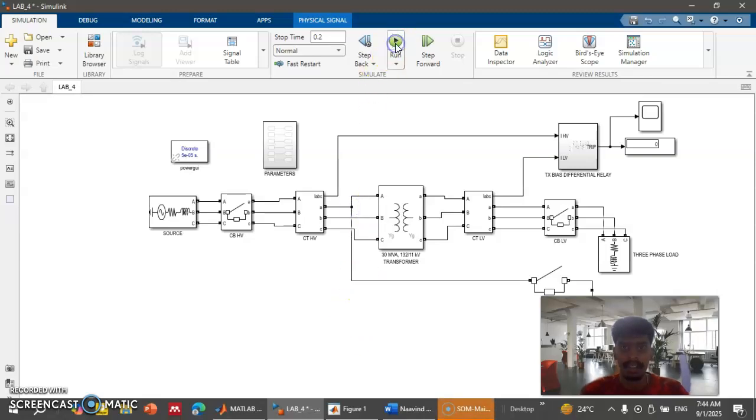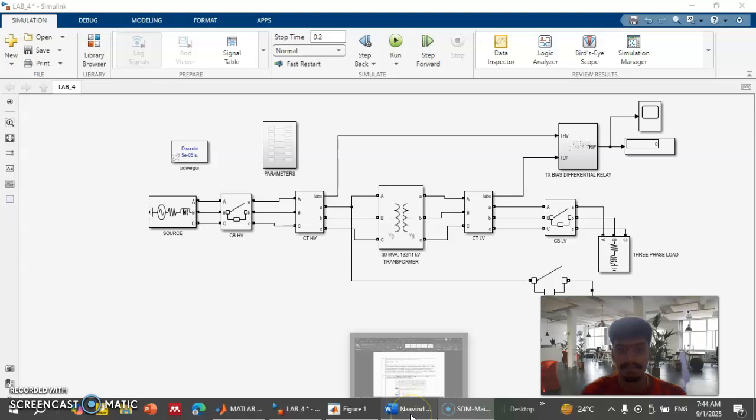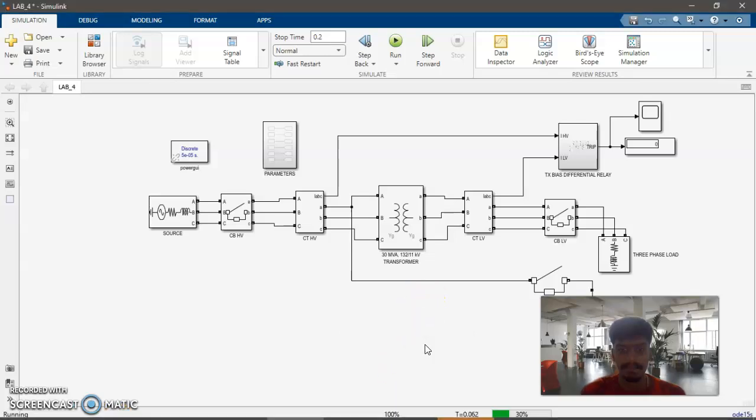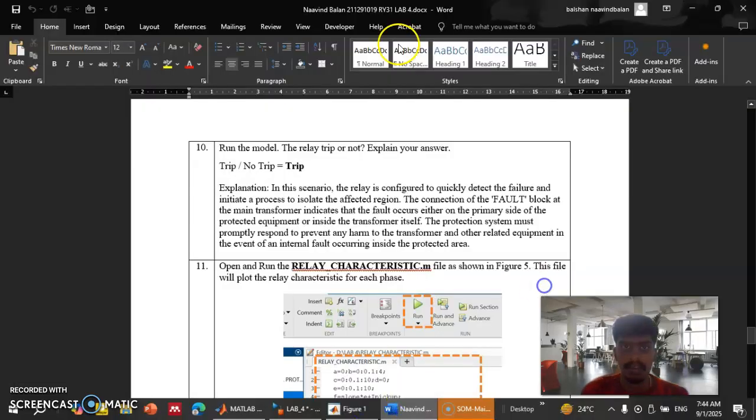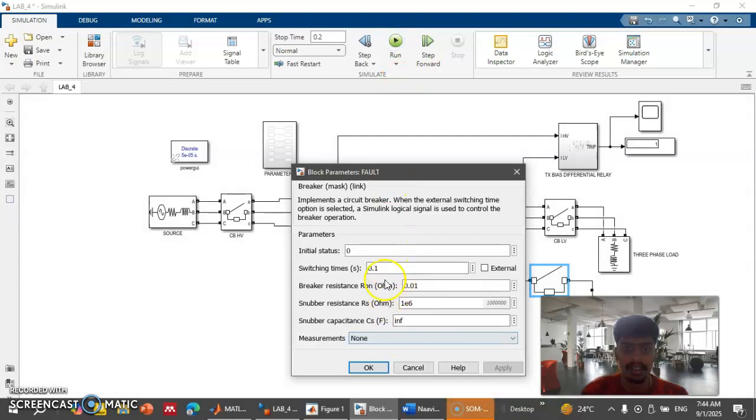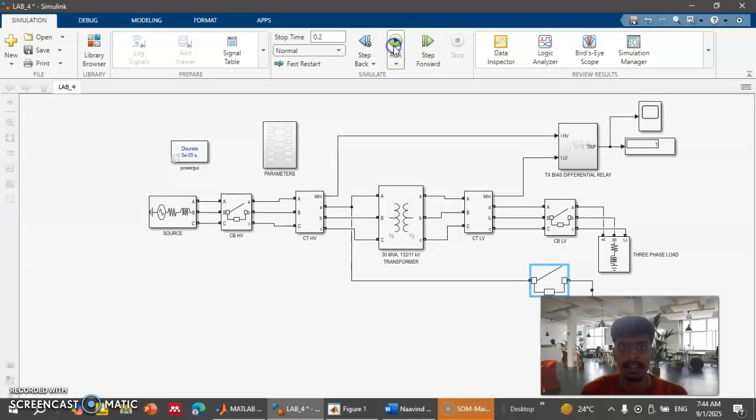Once I run the system, it will show that the tripping over here equals 1. So here I will set as 0.1. I will run the circuit.